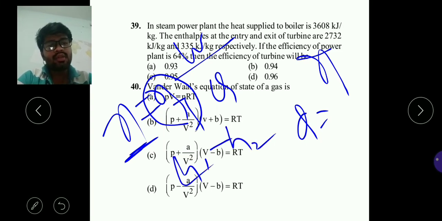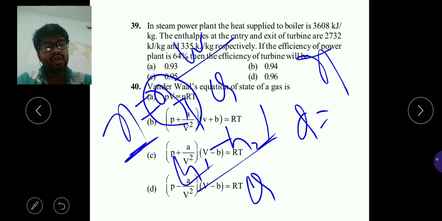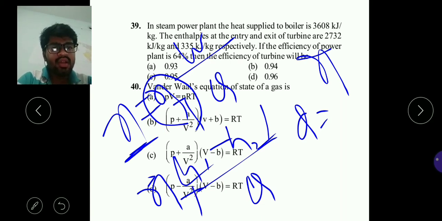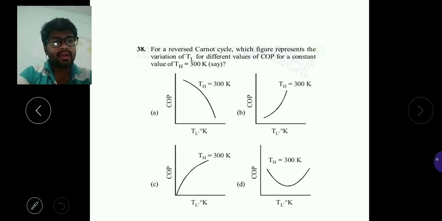Here the efficiency of the turbine comes into account, so it will be multiplied here. We need to calculate the efficiency of the turbine, and everything is given to us, so we can write directly.